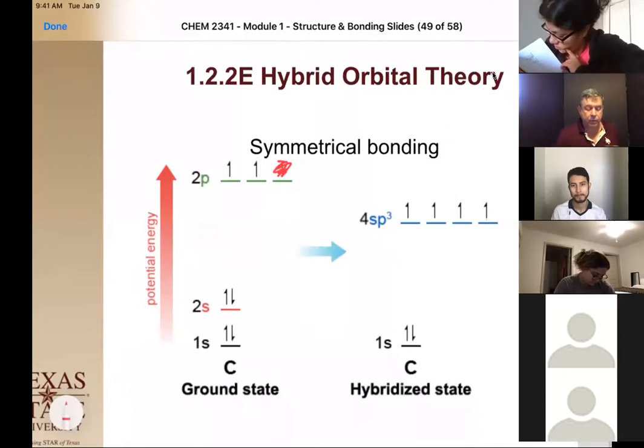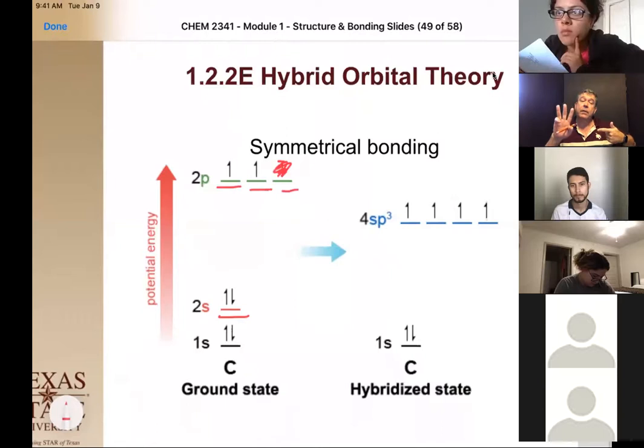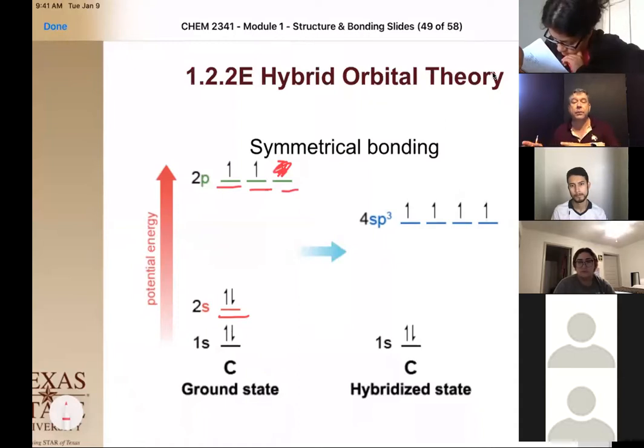And we have a total of 1, 2, 3, 4 orbitals, but they have different energies because 1's an s orbital and 3 of them are degenerate p's that are equal in energy. So the only way we can have 4 equivalent electronic domains is if the energy of the s comes up and the energy of those 3 p's comes down, and they blend together to make 4 equivalent orbitals, okay?